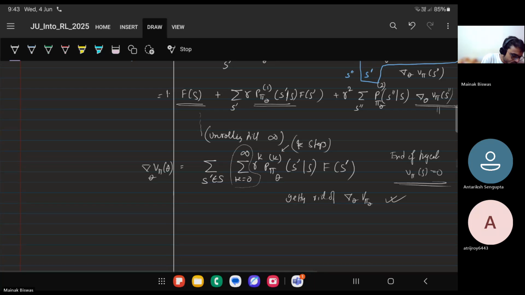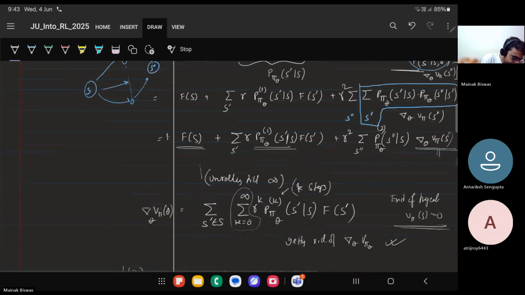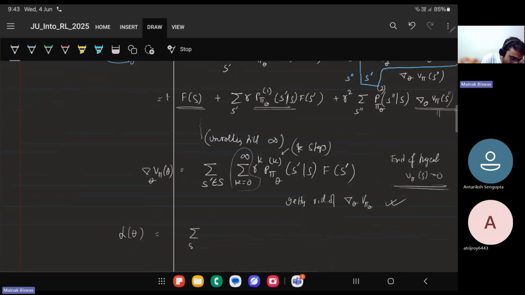So now, again, our L theta is what we defined. L theta is the summation over S dash in S, k equal to 0 to infinity. Let's say gamma equal to 1 for stochastic shortest path problems.